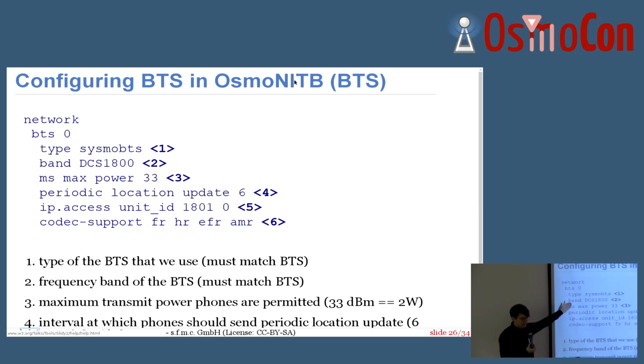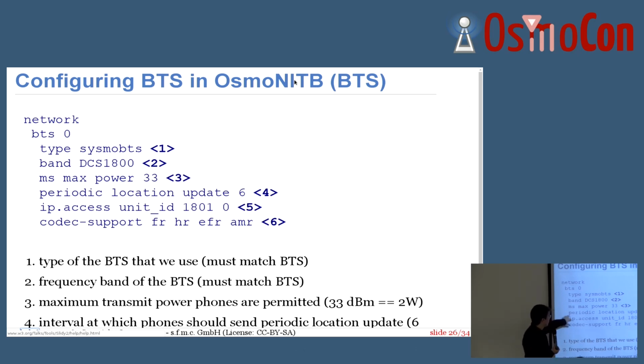Again, the band in which the BTS is to operate, and the maximum power permitted for phones to use in the uplink. So basically I'm configuring the power of the phone, not of the BTS, with this line. If you constrain this, you can constrain the transmit power of the phone by setting it to lower values, which might be interesting in lab type setups where you want to limit or reduce interference with other networks.